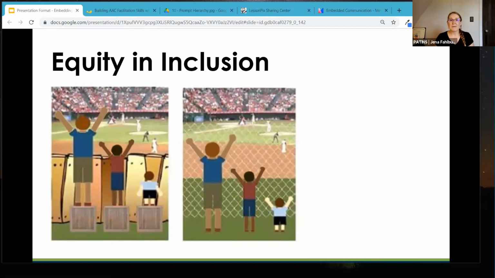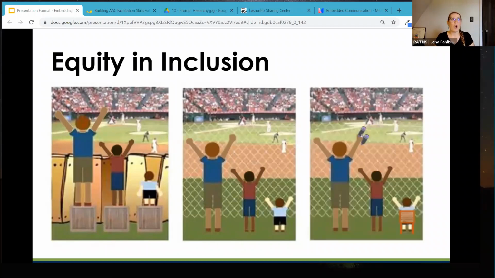But today we're talking about embedding communication, and we're always talking about specially designed instruction as it is incorporated into universal design for learning. So I point out here in this graphic on the right that sometimes we have to provide additional supports for our students to really meet them where they are, to meet their needs. Here we have the tallest student who has some binoculars. He's cheering right now, but he's got binoculars so he can really tune into the game to see and improve his visual access.